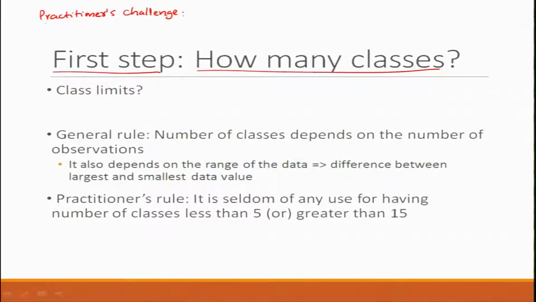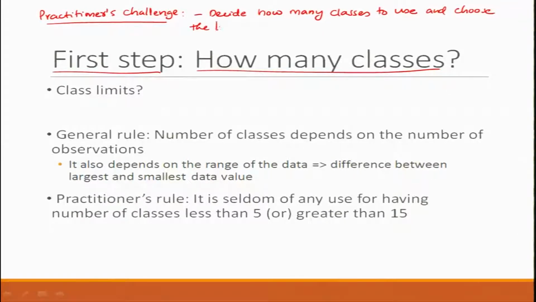One of the things that the practitioners have to do here is decide how many classes to use and choose the limits for each class. In making the frequency distribution, the practitioner has to decide how many classes to use and then also decide the limits for each class.